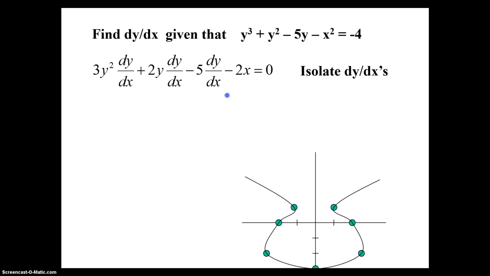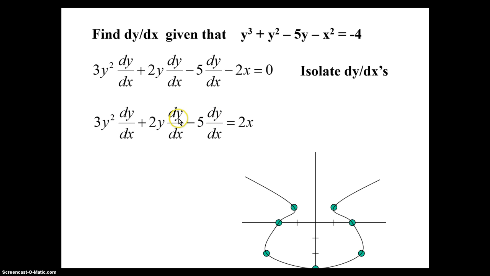We are going to move the 2x here to the other side. Now when I move this negative 2x to the other side, it becomes a positive 2x. Now on the left hand side, all I have are my variables that also have the dy/dx.